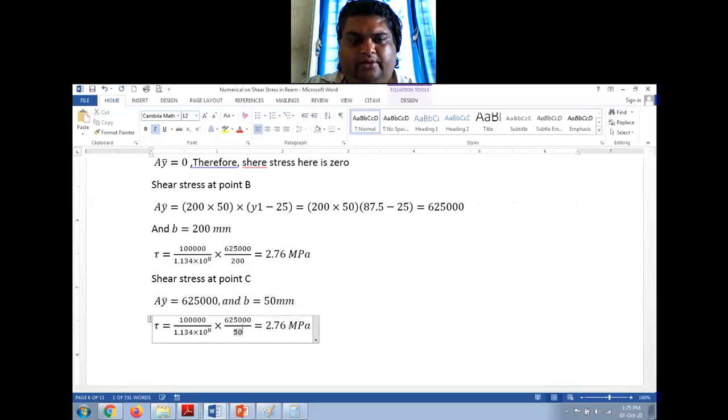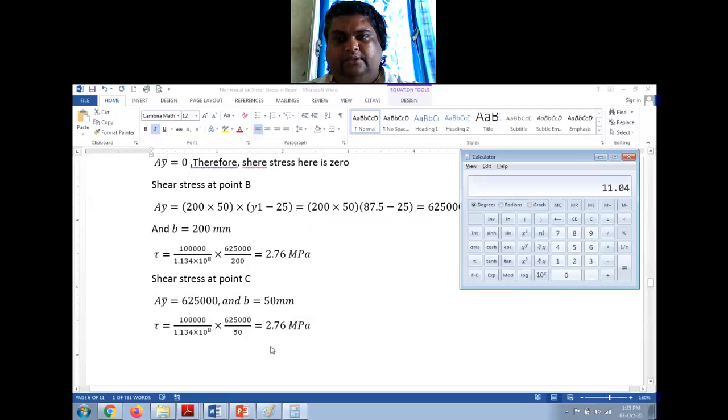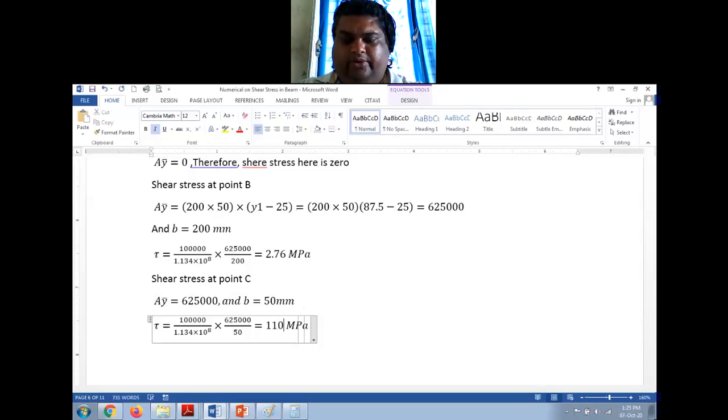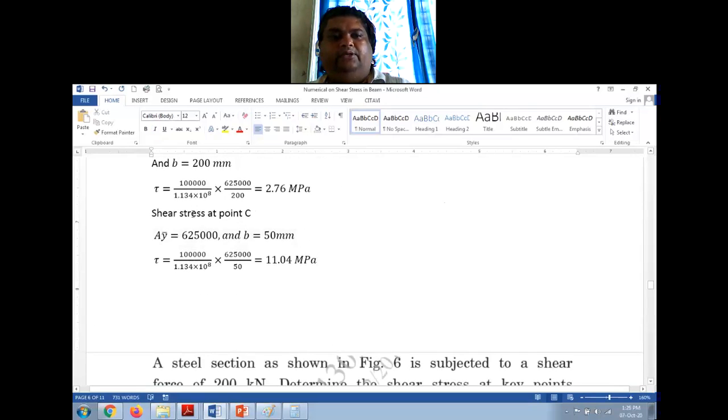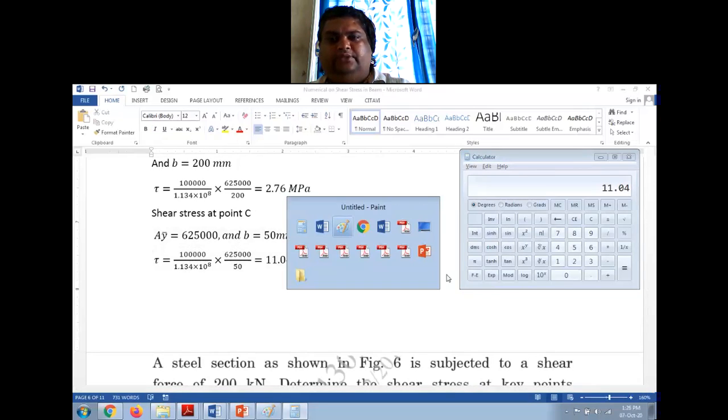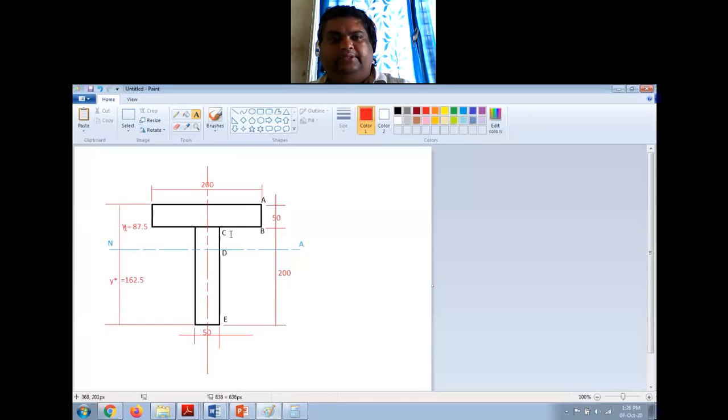This will be 50 and this answer is 11.04 megapascal, right? So I got the shear stress at point C. Now I have to find at D. So if I do that, then my numerical is over.